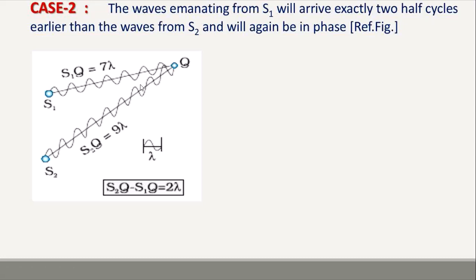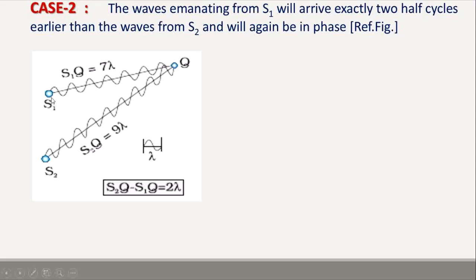It's not a hard and fast rule that you should always take 7 and 9 as given in your textbook. You can take any value, but the path difference between these two waves must be an integral multiple of wavelength. You should not have any fractional value of wavelength. It should be an integral multiple of lambda, like 1 lambda, 2 lambda, 3 lambda, 4 lambda, or any integral multiple.